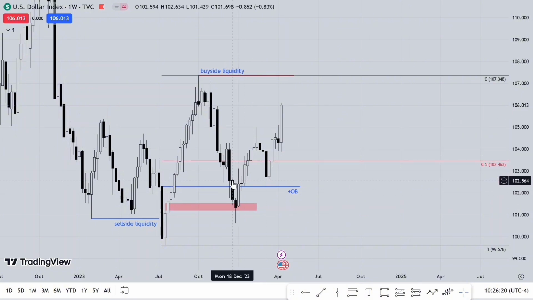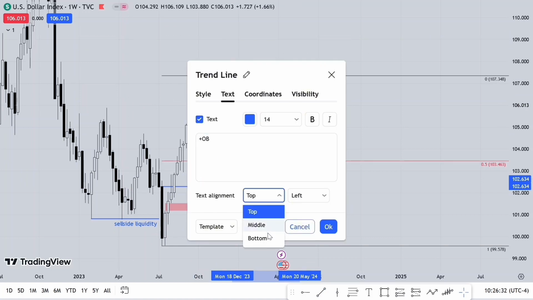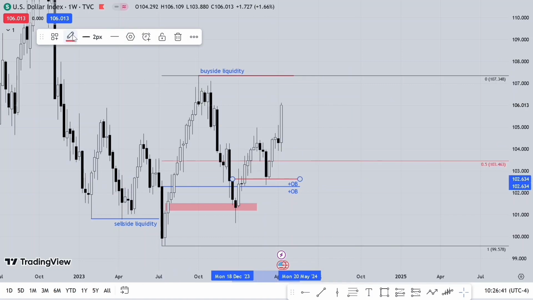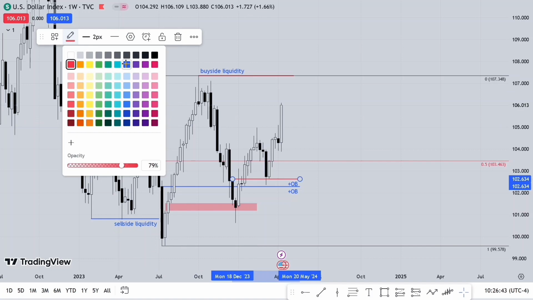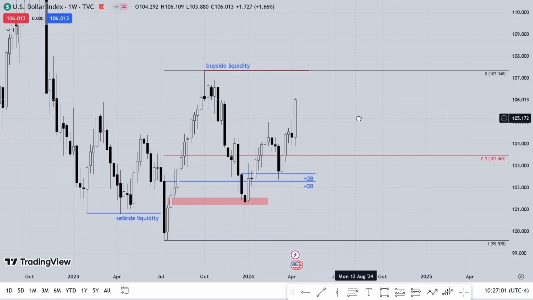We traded back down inside of this bullish order block, which is at a discount from this low to this high. This other block and this other block are at a discount within this price range. That's what we talked about on the last video.